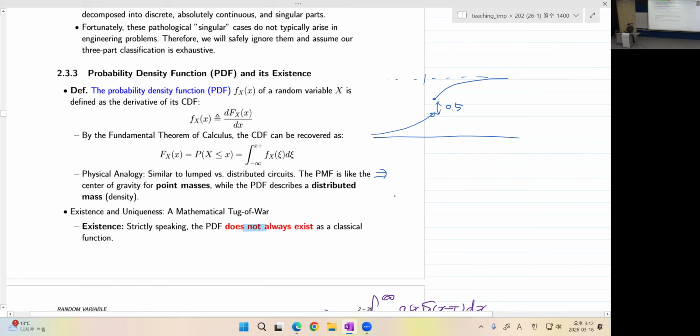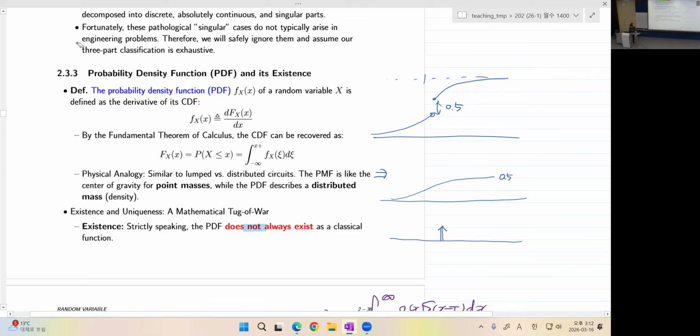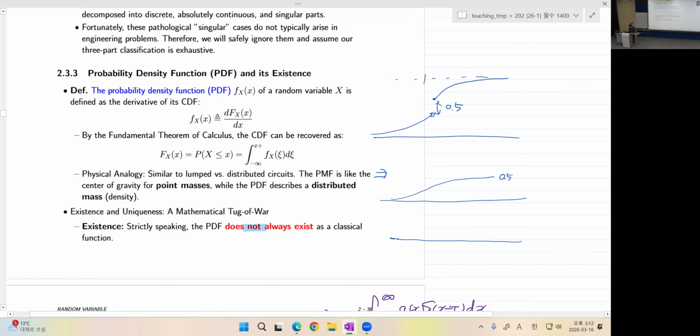Then, as I told you, this may be the sum of that one and this one. Oh, sorry about that. Not this one. Not yet. So if you add these two functions up, what will happen?